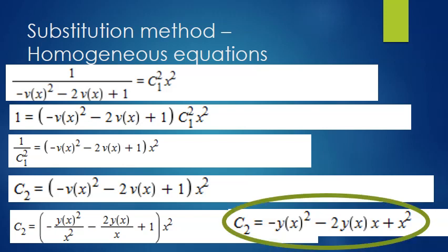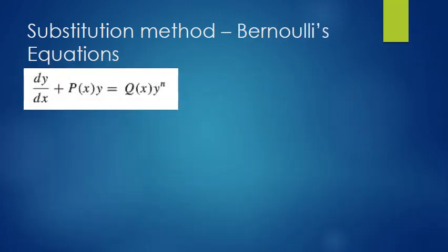And we're on to substitution method number 3. And now these equations have a name. They're called Bernoulli's equations. And they almost look like a linear differential equation except for this extra y to the n term here. And that's how you detect it. Is the y to the n there.